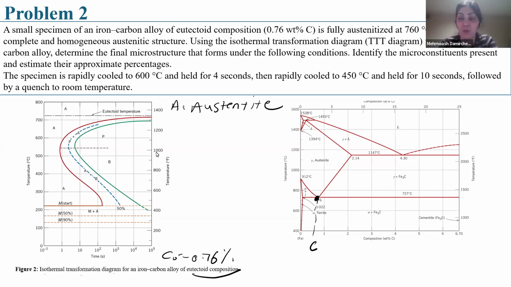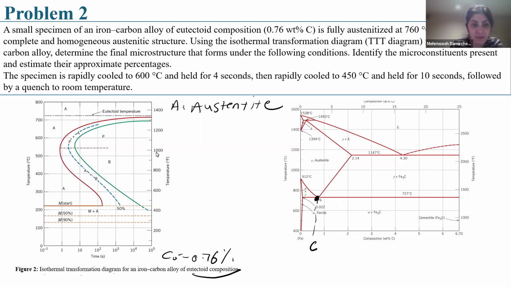And if C naught is more than 0.76, we have proeutectoid cementite. So here we don't have any proeutectoid phase, only pearlite and some phases that pearlite converts to. In the phase diagram you only see pearlite, but here you see different things. You see the effect of time and temperature on fine, coarse, medium pearlite, bainite, or martensite.